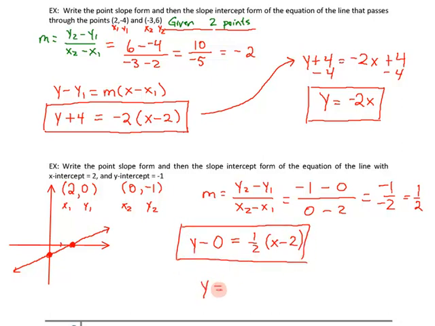The slope-intercept form is simply multiply out the right-hand side, and since y minus 0 is just y, I'm actually going to be done after one step. 1/2 x, 1/2 times negative 2 is minus 1, and there's your slope-intercept.